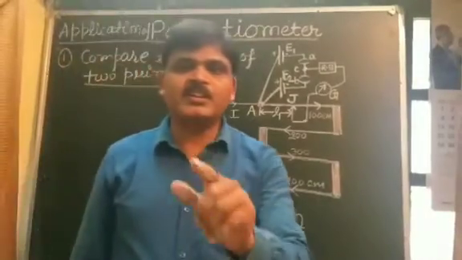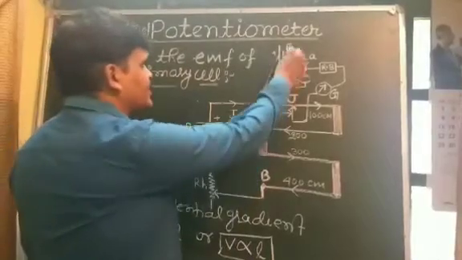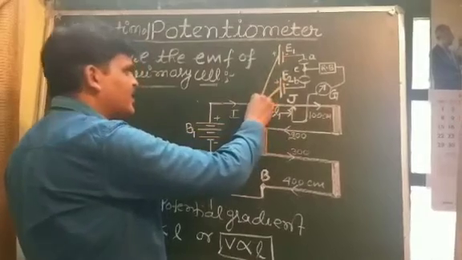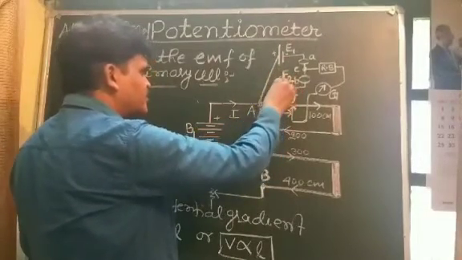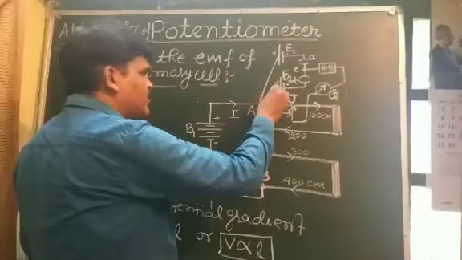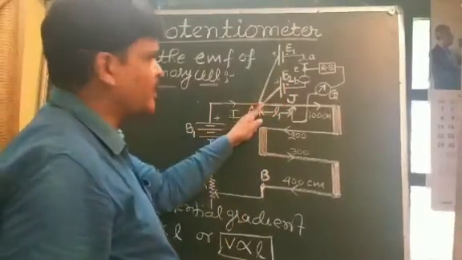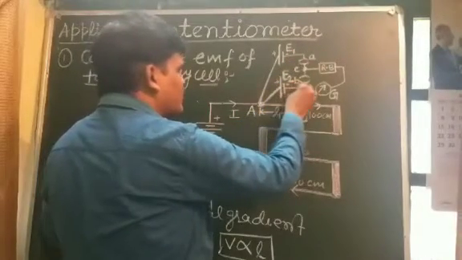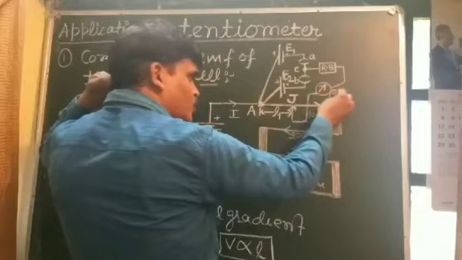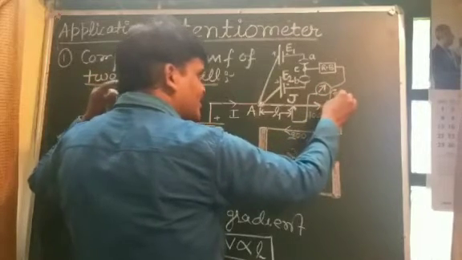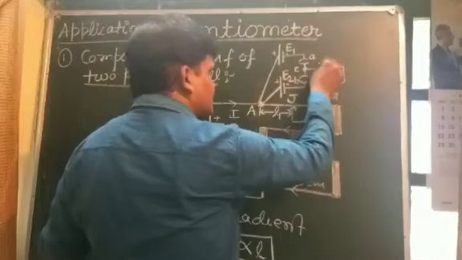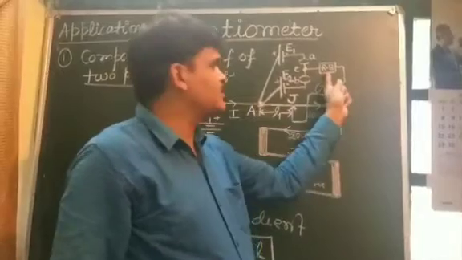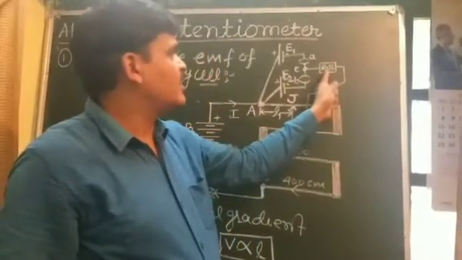Their positive terminals are connected to point A. The negative terminals of the two primary cells are connected to a galvanometer through a series high resistance, known as the resistance box.